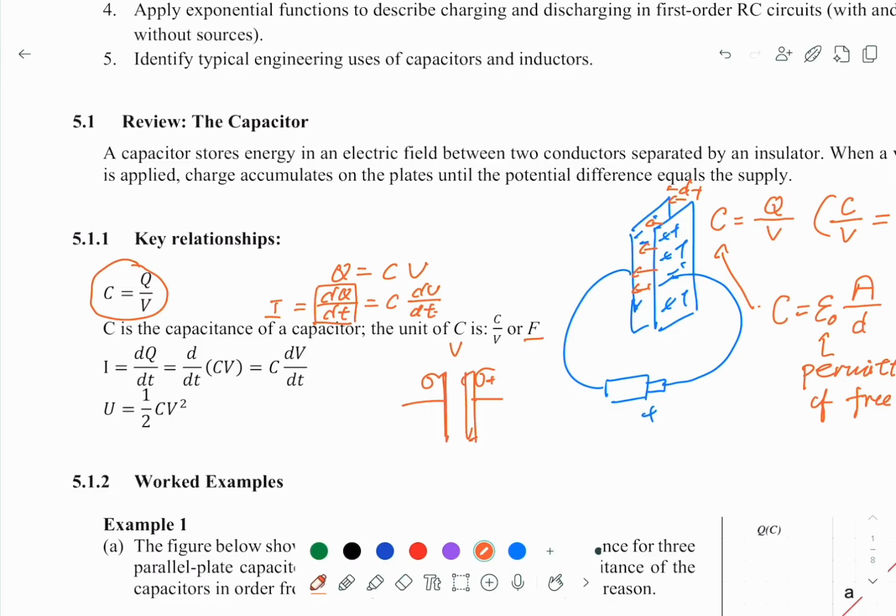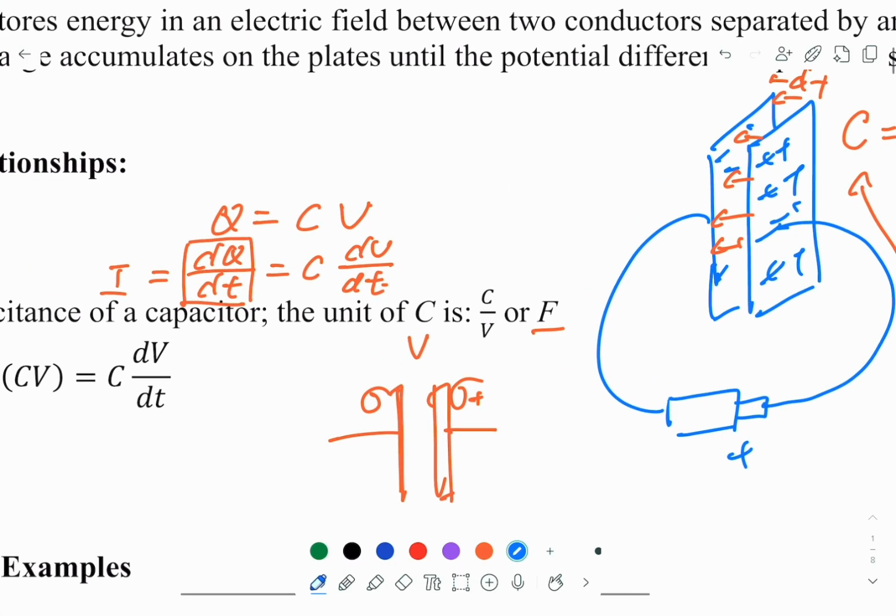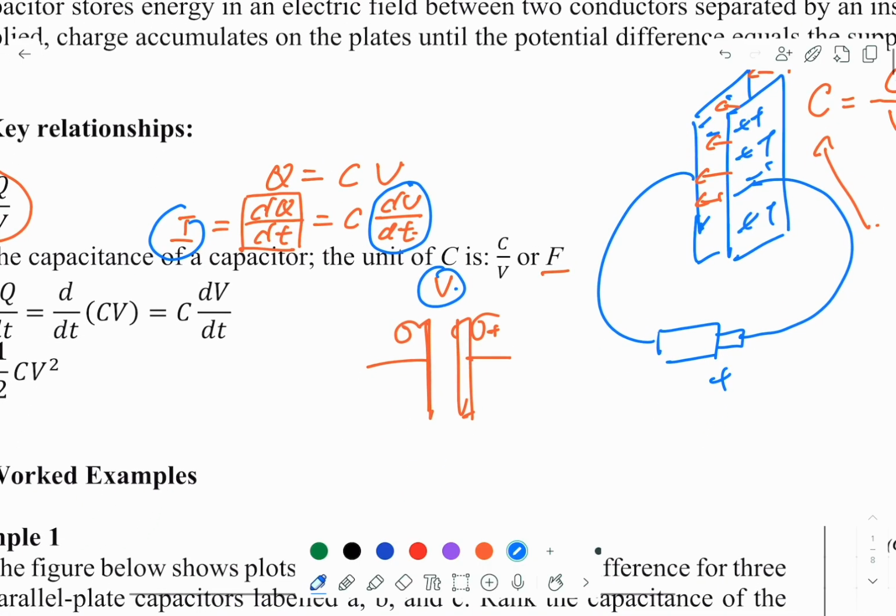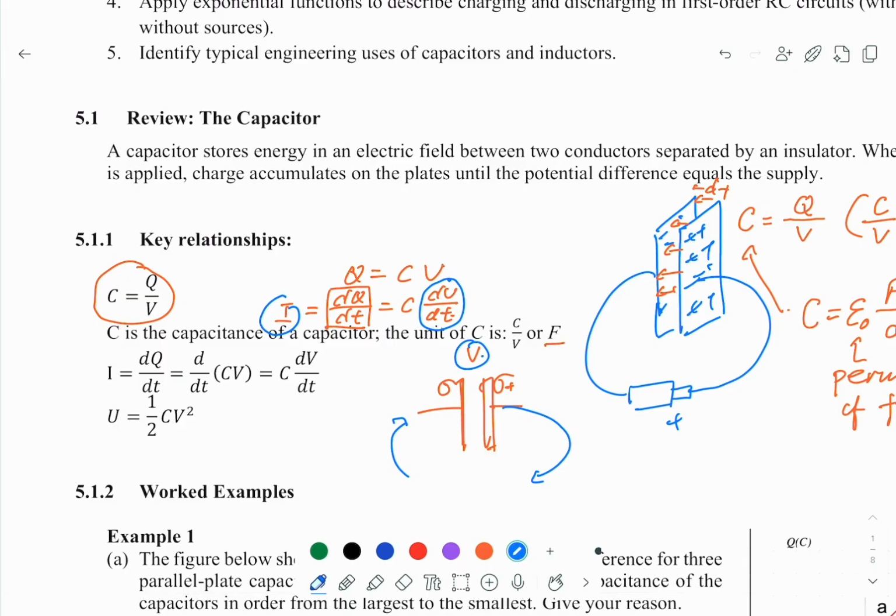However, if the V changes, so if there's a dV/dt, you will cause a current flow. If the voltage changes, there will be a current flow from one side to the other side, or vice versa. So this is the meaning of this equation.